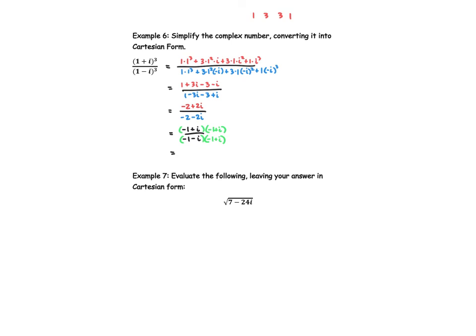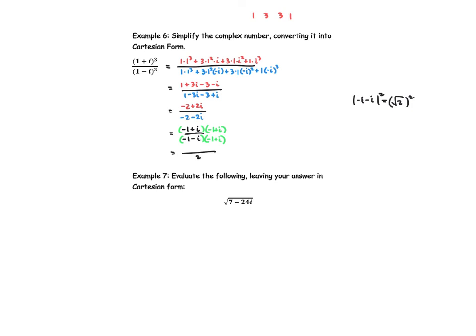So if I multiply the denominator together, of course, the modulus of negative 1 minus i is going to be the square root of 2, right? So if I squared that, I'd get 2. So the denominator will be 2.